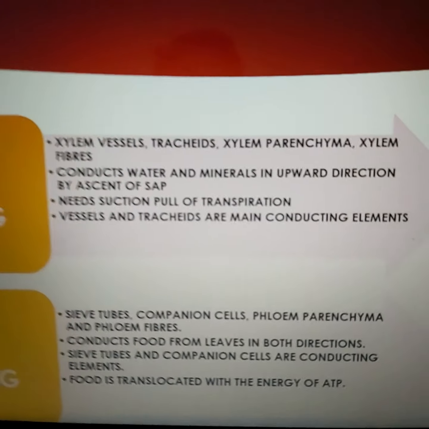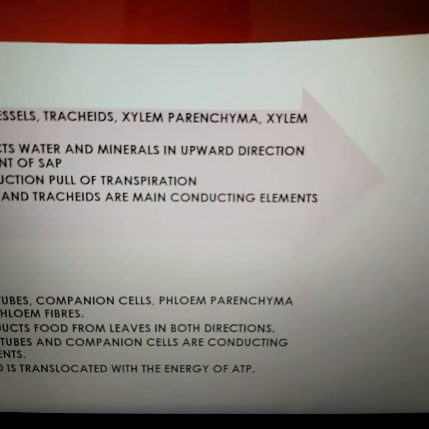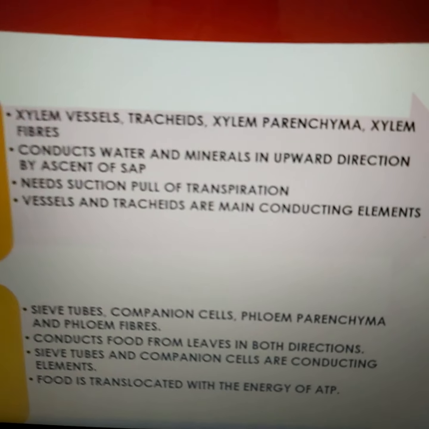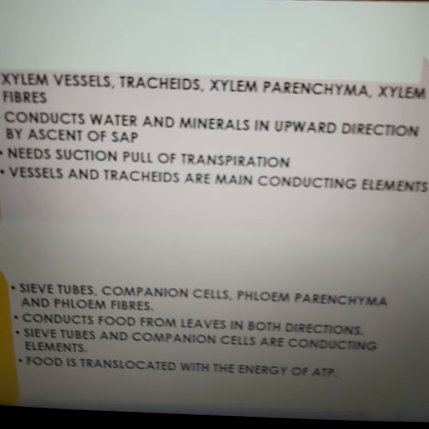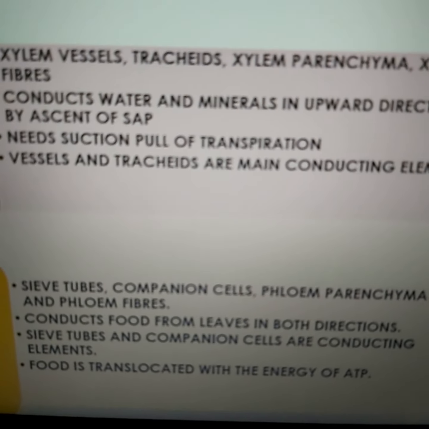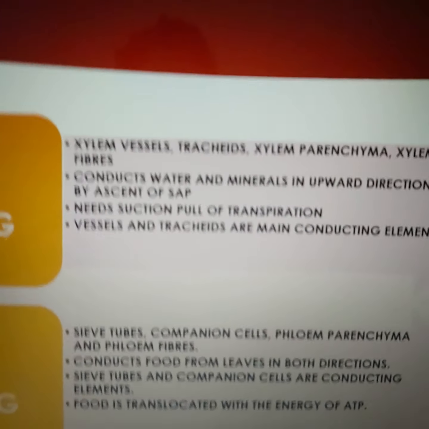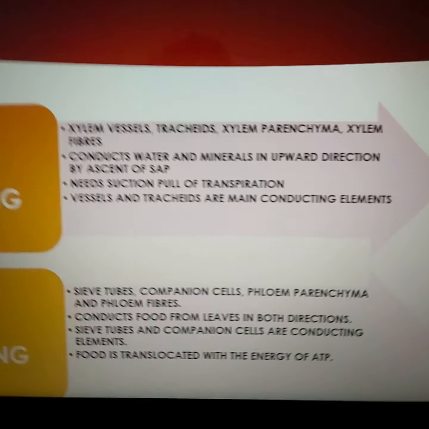Xylem is made up of four elements: xylem vessels, tracheids, xylem parenchyma and xylem fibers. It conducts water and minerals in the upward direction, which is called ascent of sap. It needs the suction pull of transpiration, and the main conducting elements are vessels and tracheids.